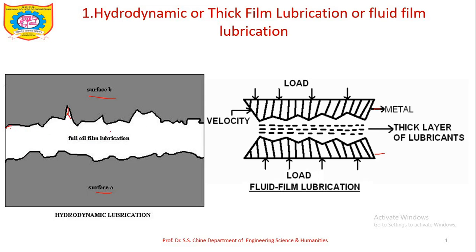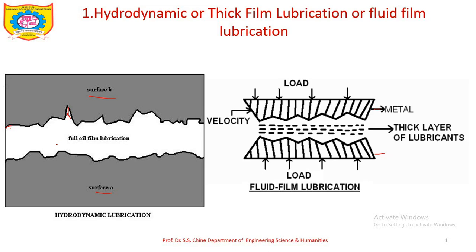So this lubricating oil is filled in between these two. All the irregularities in between the moving surfaces are filled with the lubricating oil, or that is lubricant, so that the friction between two lubricated surfaces depends upon the dimensions of the film and viscosity of the lubricant.